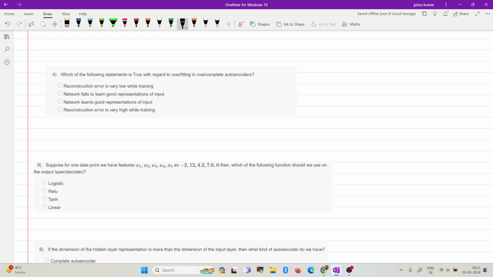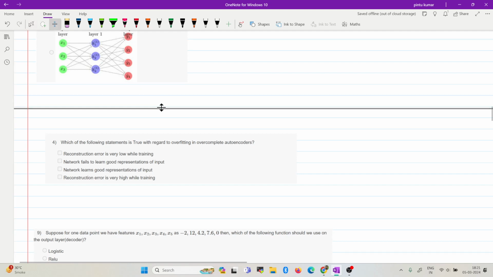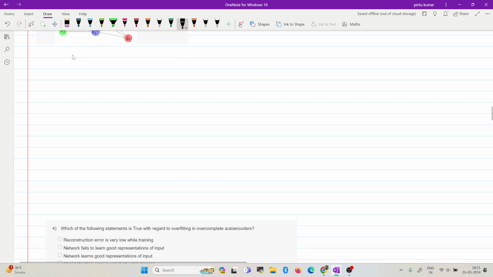The next question is, which of the following statements is true with regard to overfitting in an overcomplete autoencoder? One thing that we didn't talk about yet: what is the phenomenon of overfitting?